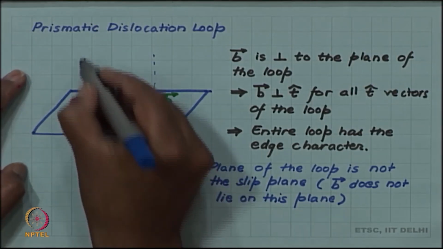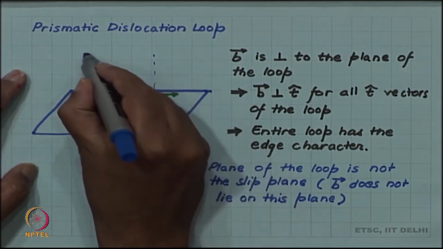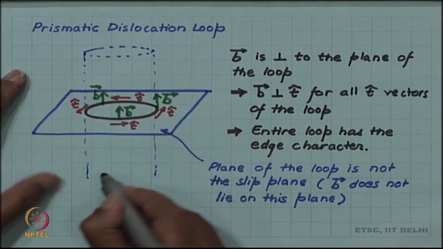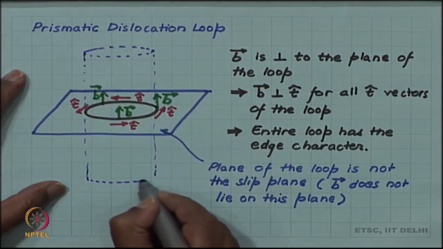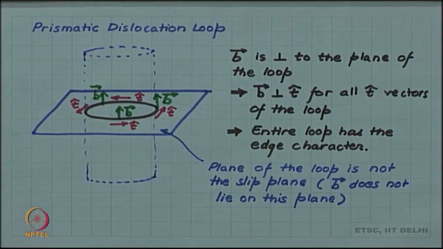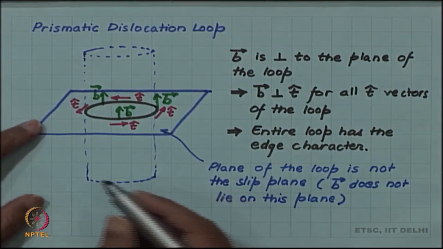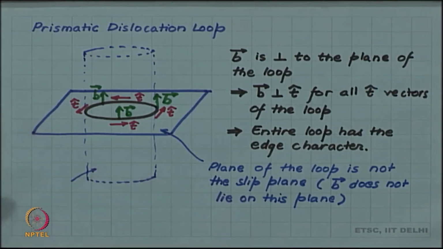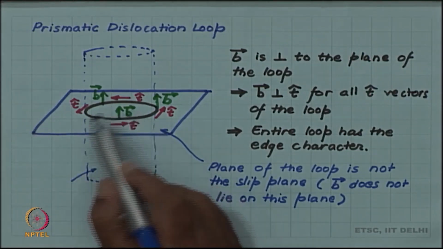In fact it is no more a plane now; the curved surface which is containing both B and T will be the surface of this cylinder, which in general will be the surface of a prism based on the dislocation line.